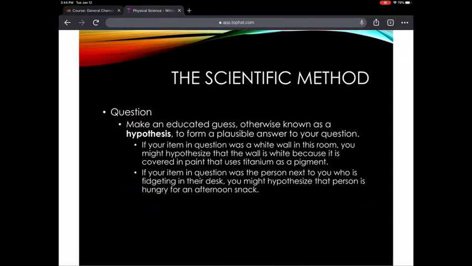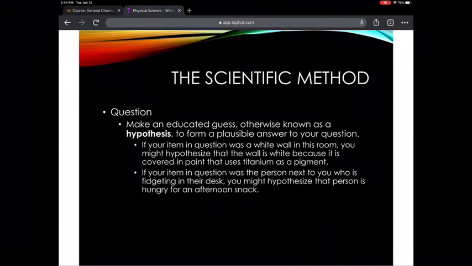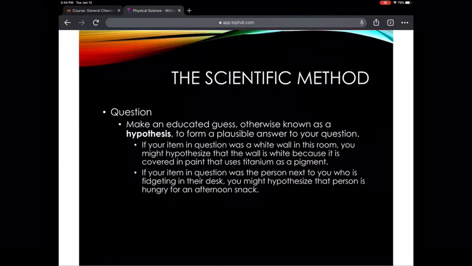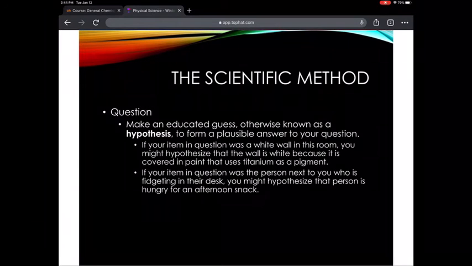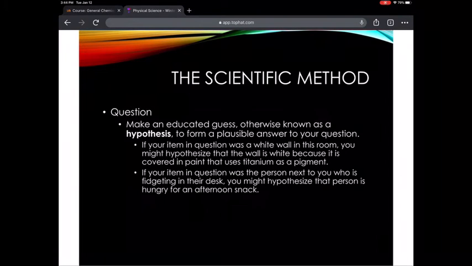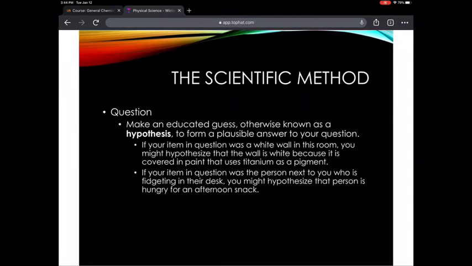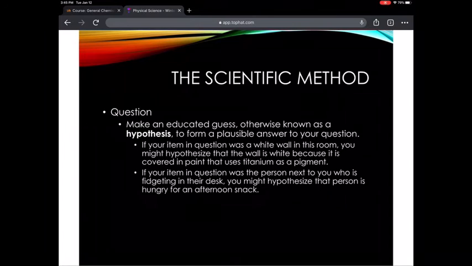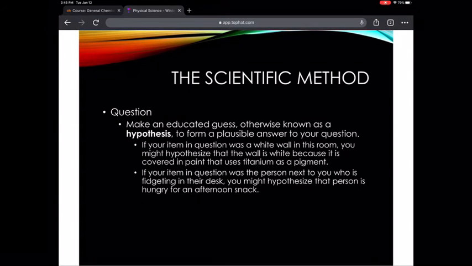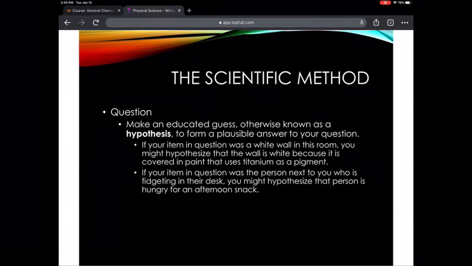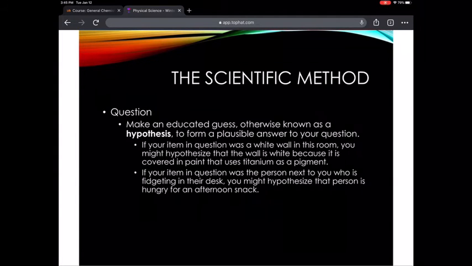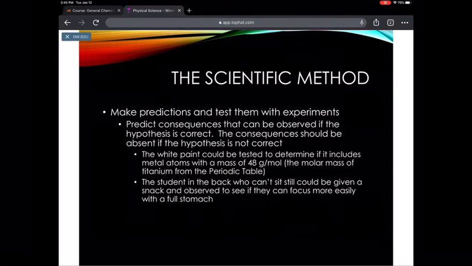If you observe a person fidgeting at their desk, you might hypothesize that that person is hungry for an afternoon snack. That's probably more like your hypothesis, but it's a good guess of a possible explanation for a behavior that you observe.